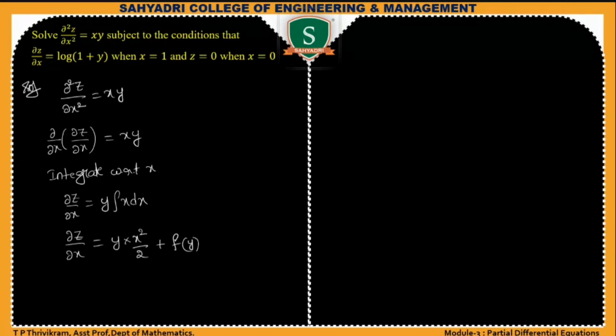So now dou z by dou x is equal to x square y divided by 2 plus f of y. Take this as equation 1. Now again we will make use of this at the end. Otherwise you can make use of this condition and you can find f of y also.